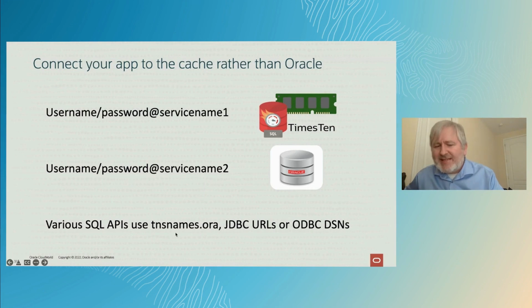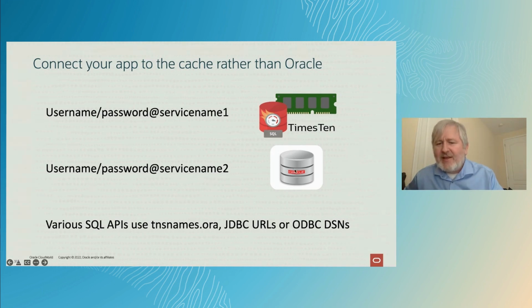So whether you're using TNS names or LDAP, it's going to depend on the specific API for the syntax. If you're using JDBC, you'll be using JDBC URLs. So the syntax is going to be dependent on the APIs, but fundamentally you're just pointing to a different service for TimesTen versus the Oracle database.